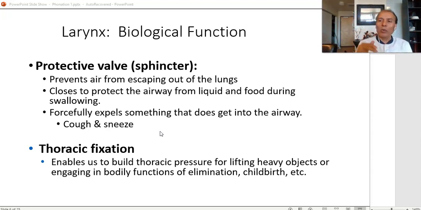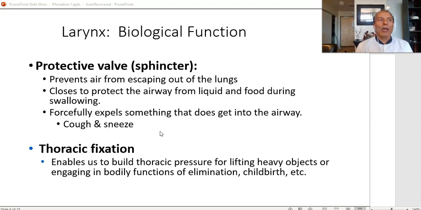For example, when you swallow, your vocal folds automatically close. Because if they do not, and there's any problem with the epiglottis that covers them, anything that escapes in between the vocal folds will cause you to choke and to cough. So it's a protective valve.